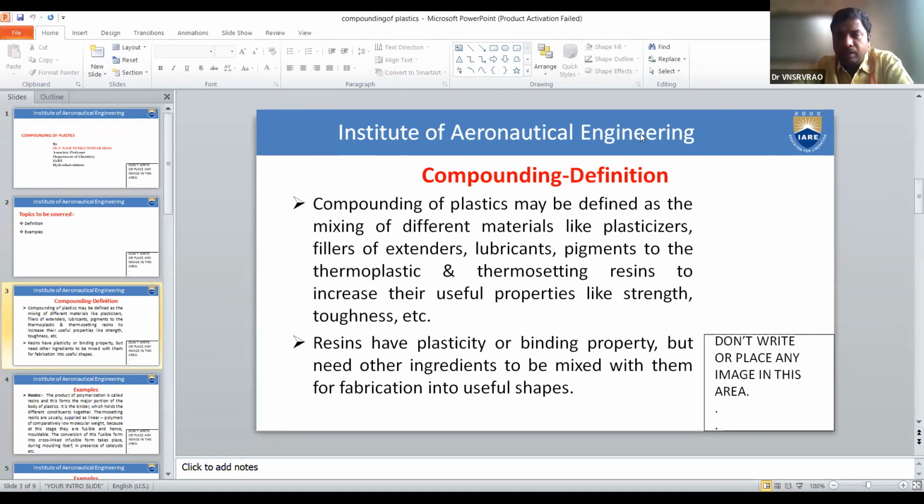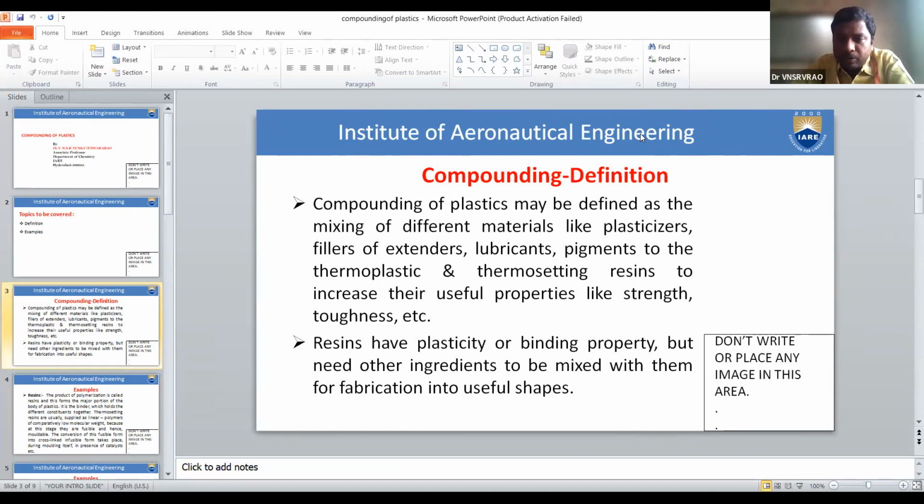Define thermoplastic. The plastics which are soft on heating and stiff on cooling are called thermoplastic resins.